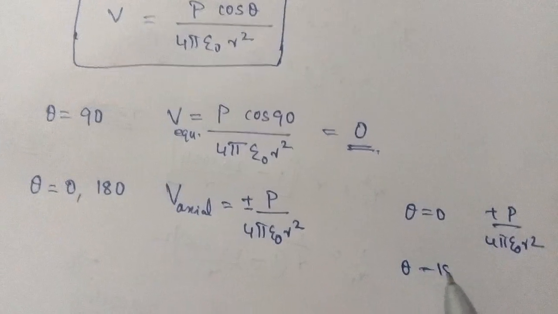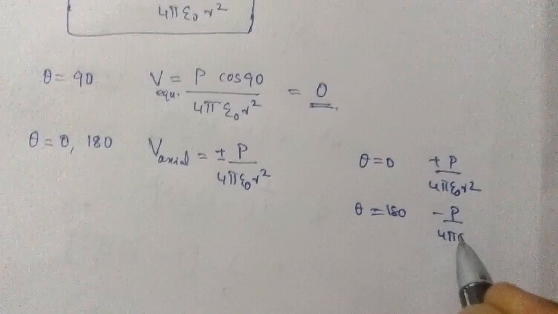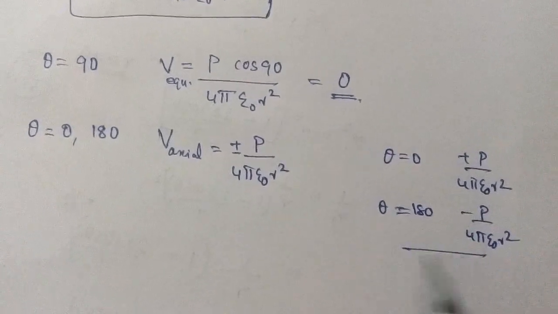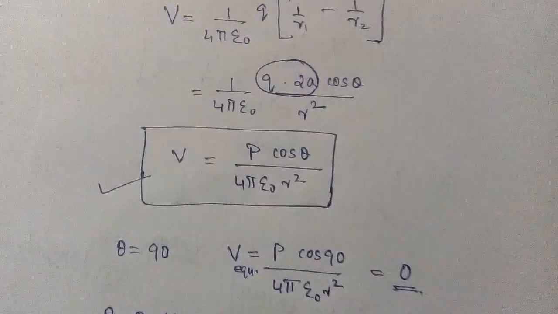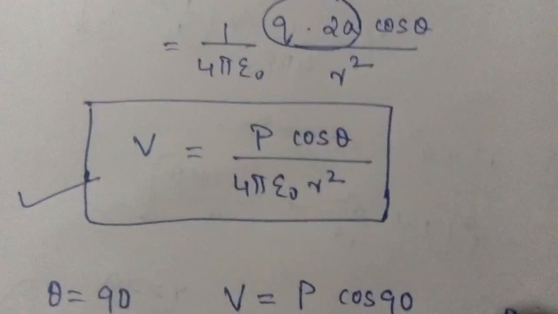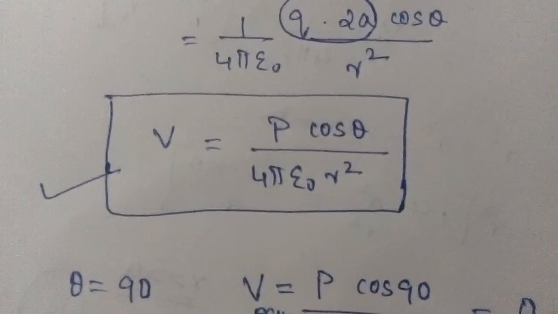If theta is equal to 180, then cos 180 gives minus, so we will get minus P by 4 pi epsilon naught into R squared. So this is the general formula: V is equal to P cos theta divided by 4 pi epsilon naught into R squared.